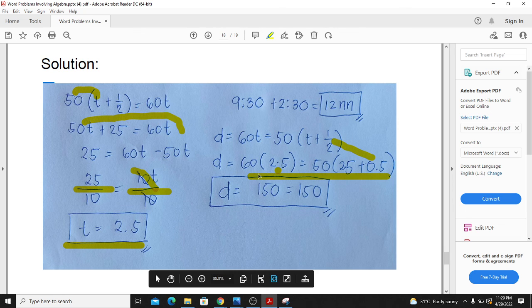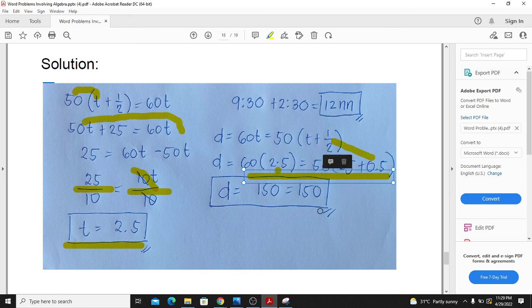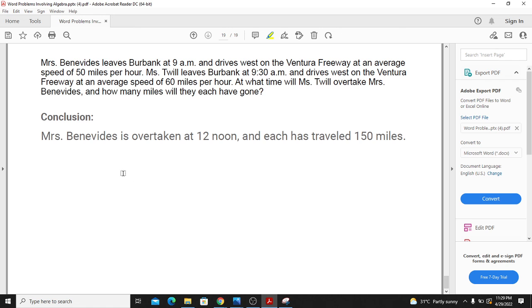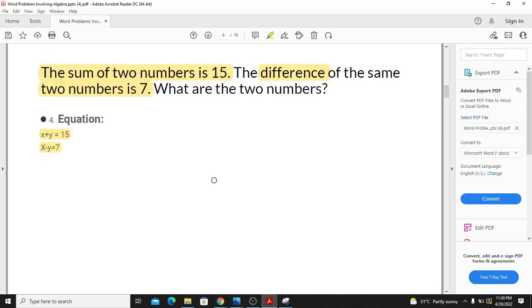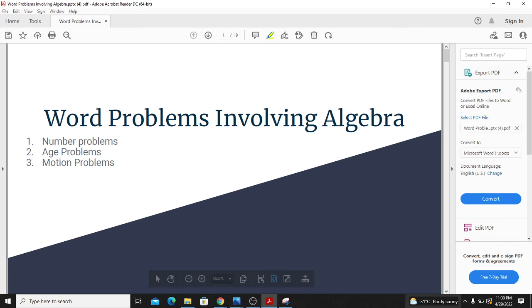All right. So 60 times 2.5 is equal to 150, and this one is also equal to 150. So therefore, we have the solution. Mrs. Benavides is overtaken at 12 noon by Miss Tewell, and each has traveled 150 miles. All right. So that ends my report, and thank you.